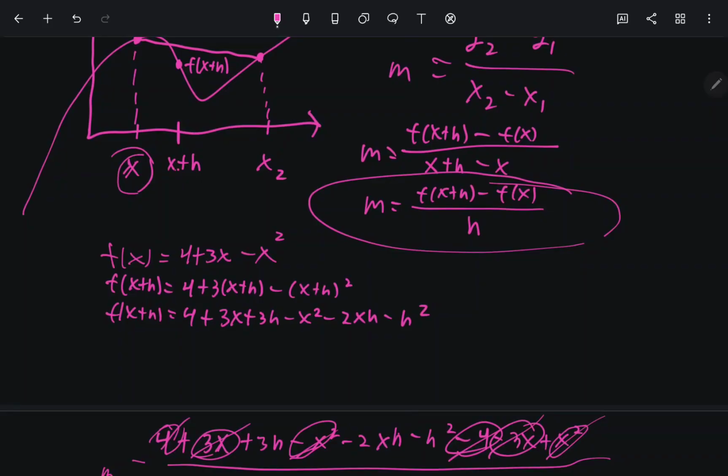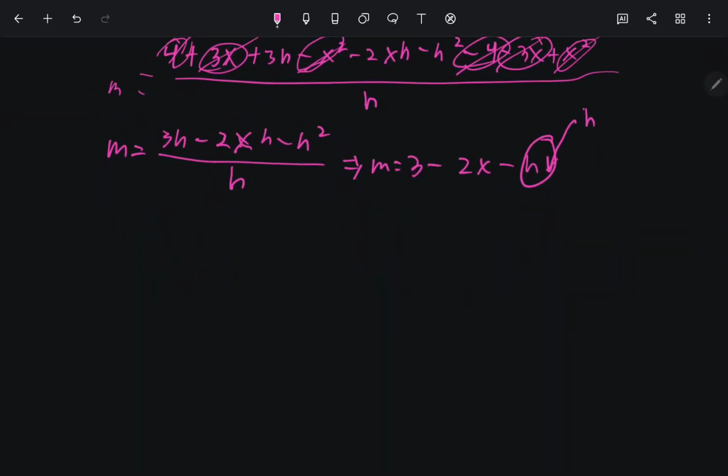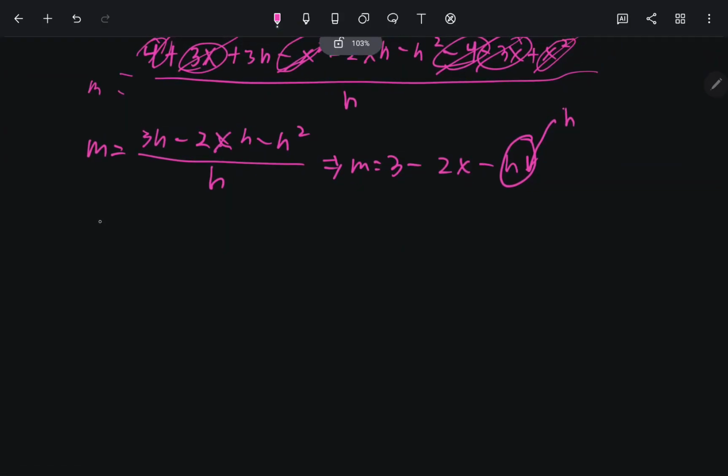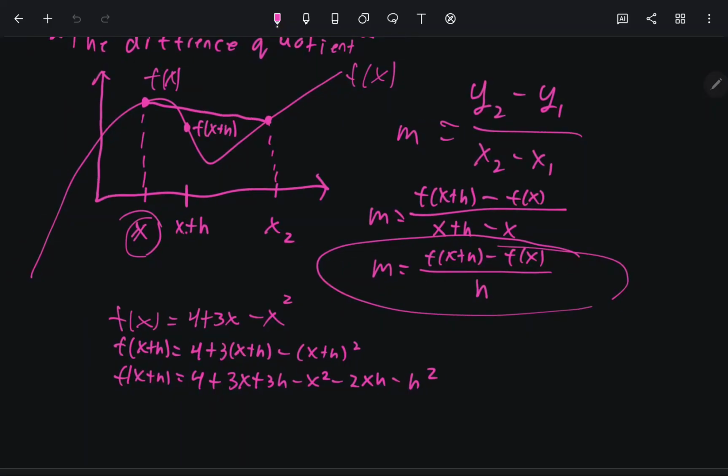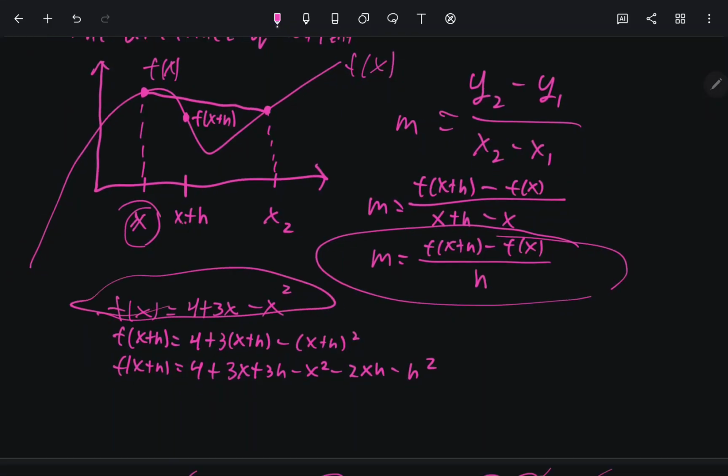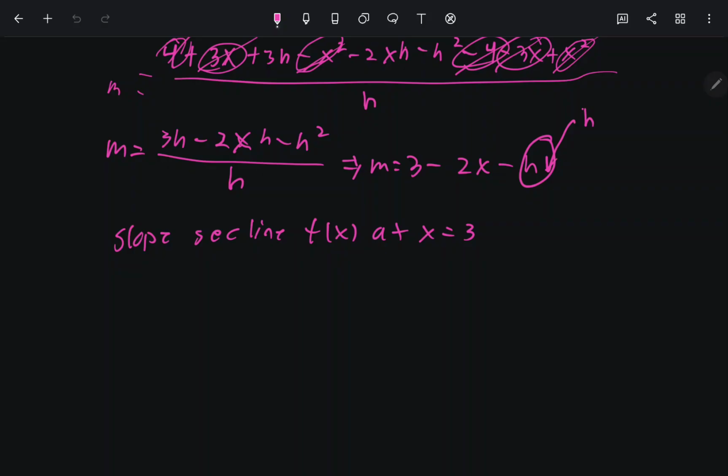Or we can plug in whatever value of x we want. For example, if I wanted to know the slope of the secant line of f of x at x equal to 3, well, we now have the tools. I'm referring to my original f of x up here, the one we just did the difference quotient for, sorry for my stuttering.